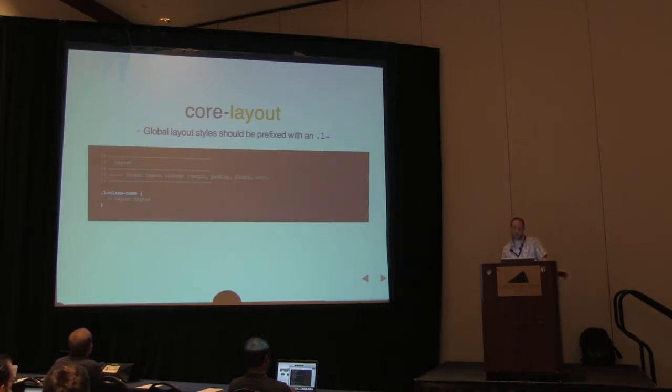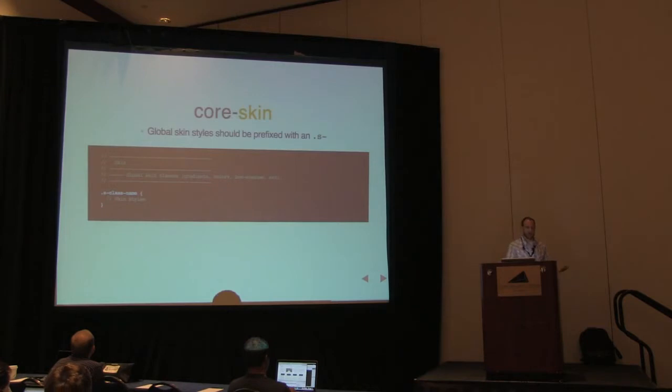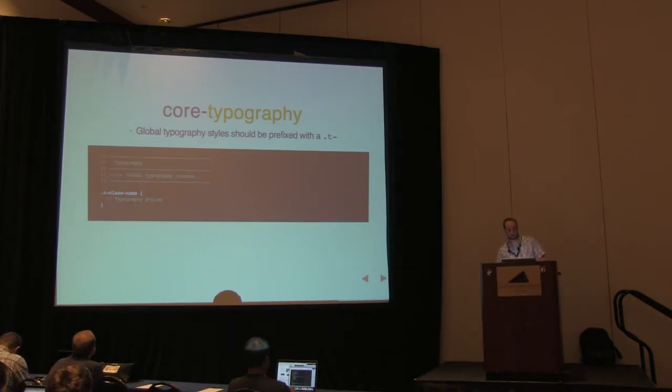And these, like SMACSS suggests, we prefix with an L dash. And then we have our global skin that are prefixed with an S dash. So looking back at OOCSS, we're separating our layout from our skin. But we actually take it one step further and we separate layout, skin, and typography. So all of our global typography styles are going to be prefixed with a T.